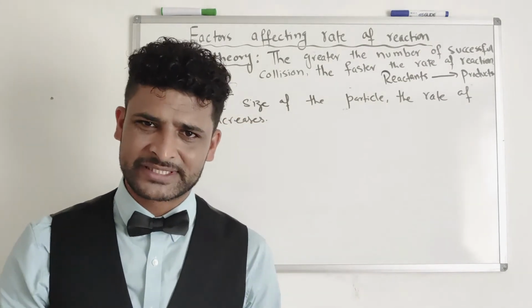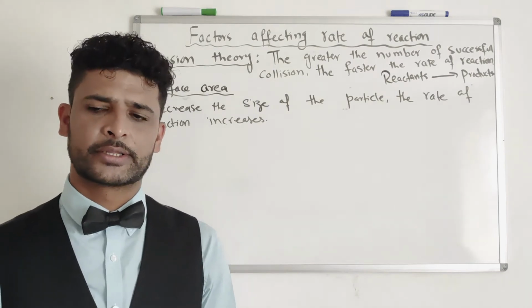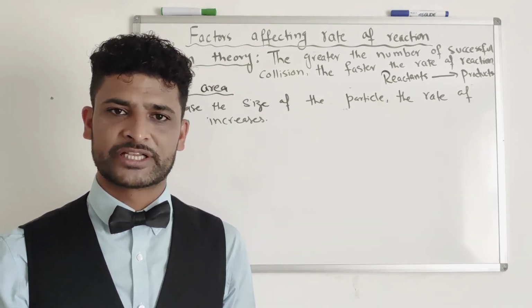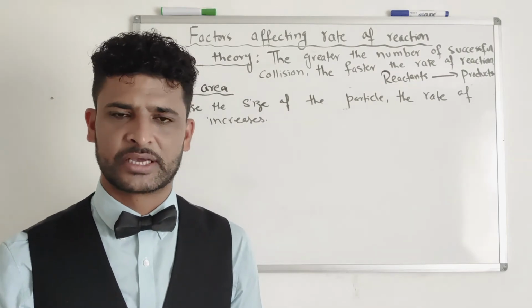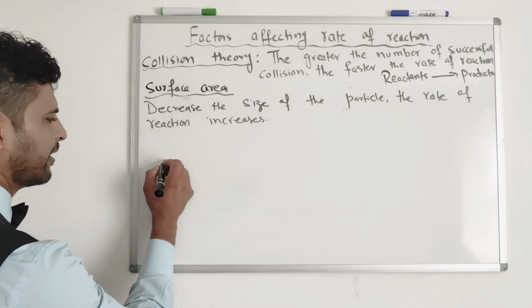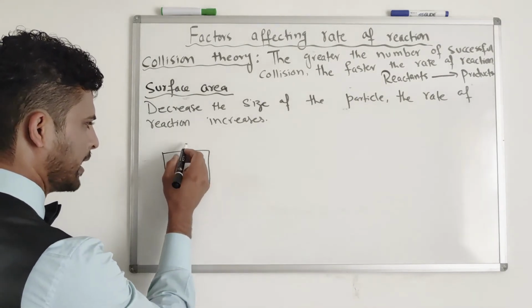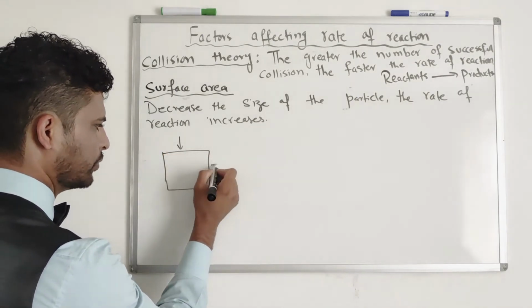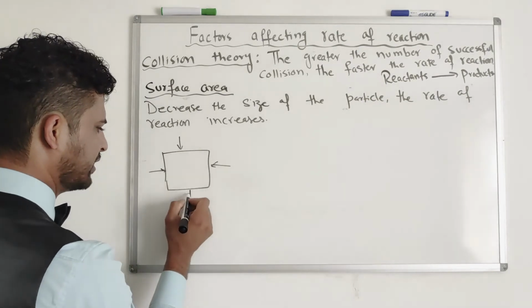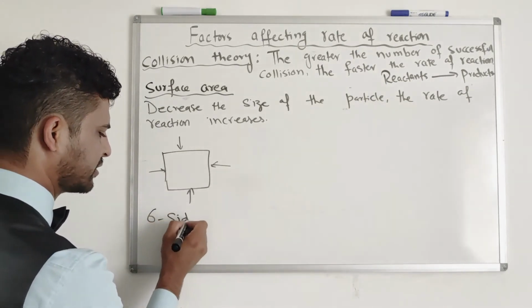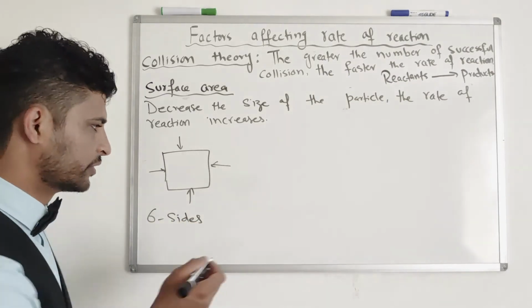Now this is a common mistake people make when they look at a big piece of any substance, and they think, oh, it has more surface area as compared to the other. For example, if you have a big block of marble chip, and it's a cube, the surface which is available to react is a cube, so 6 sides are available for the reaction to happen.